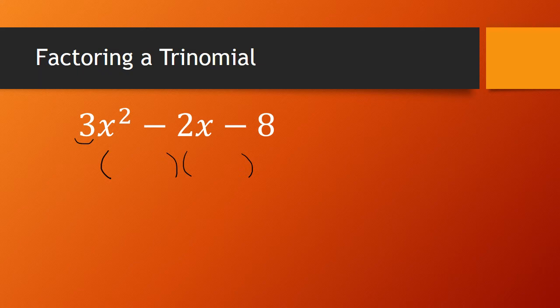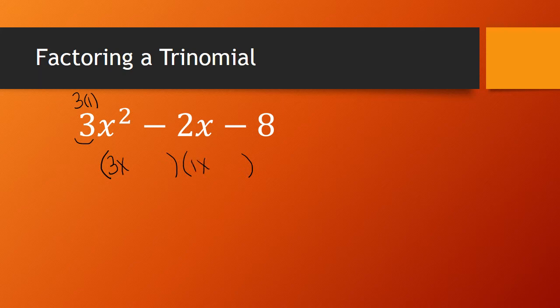So I have to think of two numbers that multiply to 3. The first two numbers that come to mind are 3 times 1. So I'm going to use these as my first numbers in the binomials, 3x and 1x.